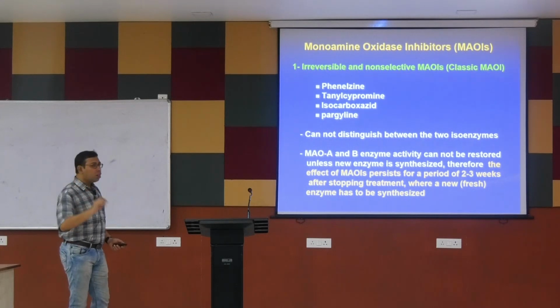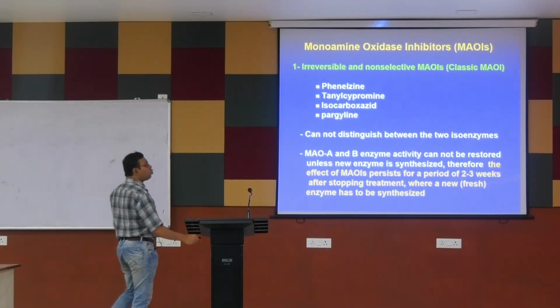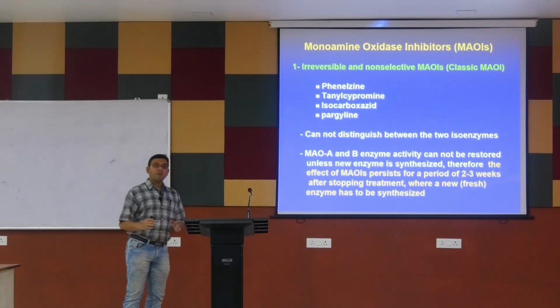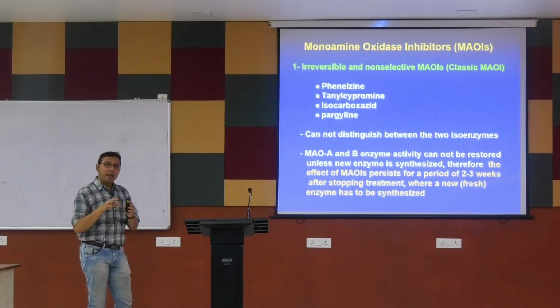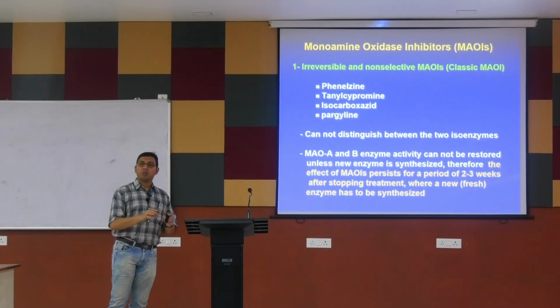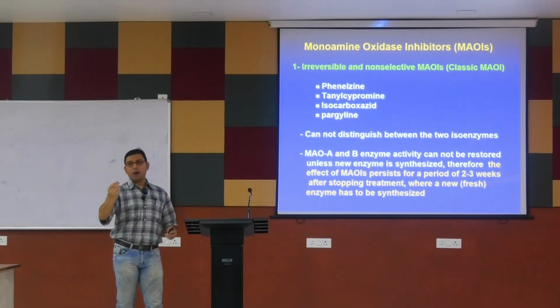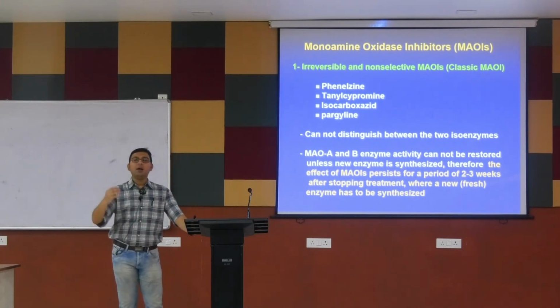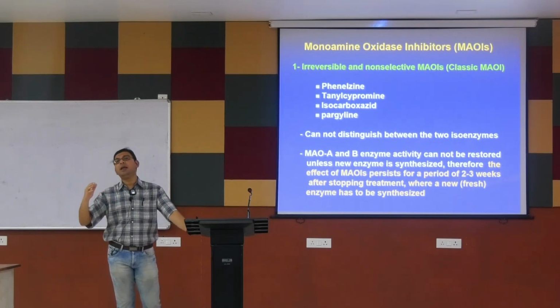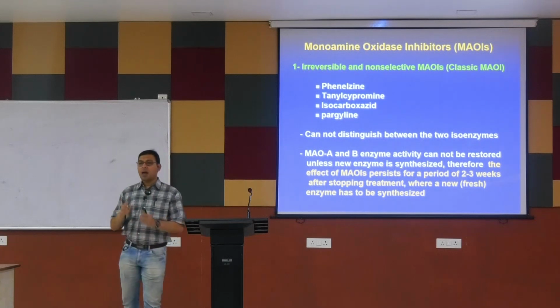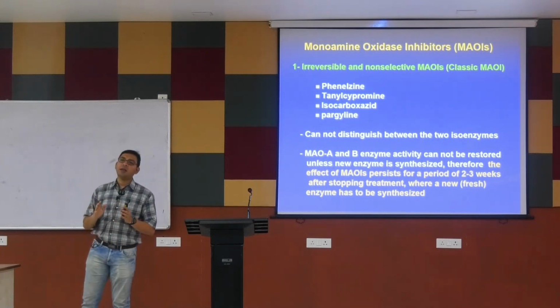Therefore, when we are giving these MAO inhibitors, 2 to 3 weeks are needed after stopping treatment to initiate a new drug, because their effect lasts for 2 to 3 weeks. Because if these enzymes are inhibited, the monoamines will not be metabolized until a new enzyme is synthesized, and new enzyme synthesis usually takes 2 to 3 weeks.